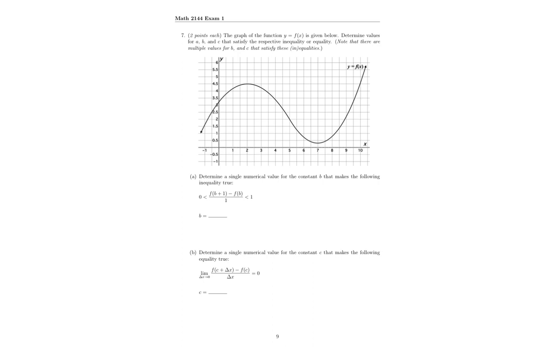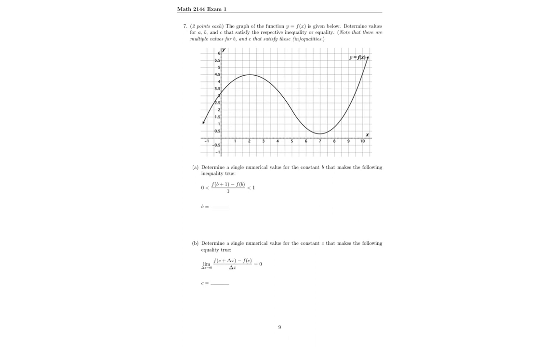So it has to be kind of a small rate of change, right? But still positive. So if we take a look at the graph here, I'm going to look at f of 2 minus f of 1 over 2 minus 1. So if I write that out, it's going to be f of 2 minus f of 1, because 2 is 1 more than 1, right, over 1. So let's look at the y values.